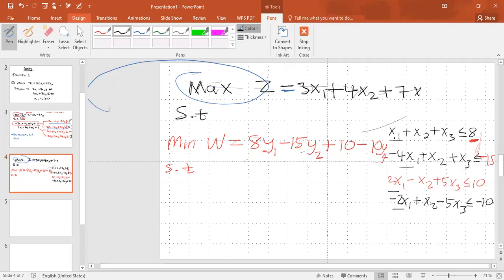So for x1 in the first constraint it is 1, so y1, then minus 4y2, plus 2y3, minus 2y4. Since this is minimize, the inequalities become greater than or equal to the coefficient of the first, which is 3.